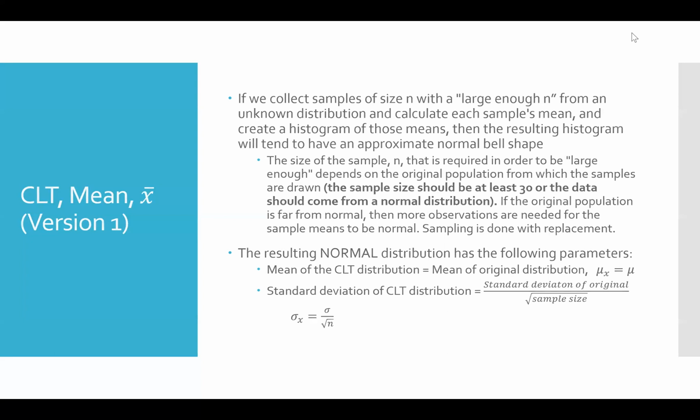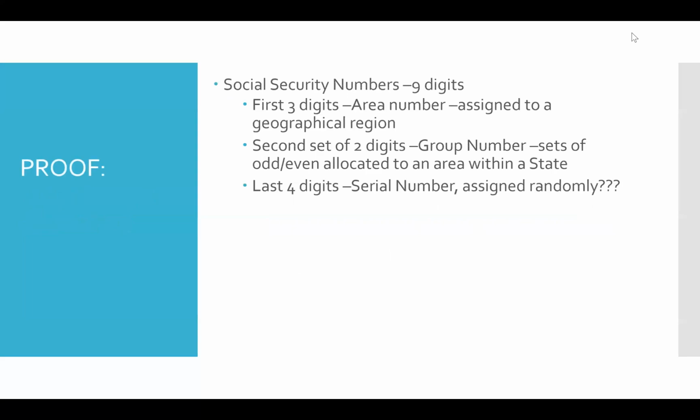Okay, so years ago, I had access to student social security numbers, and so I pulled some information. Your social security number is a 9-digit number assigned to you by the government. The first 3 digits are called the area number, and those are assigned based on geographical regions.